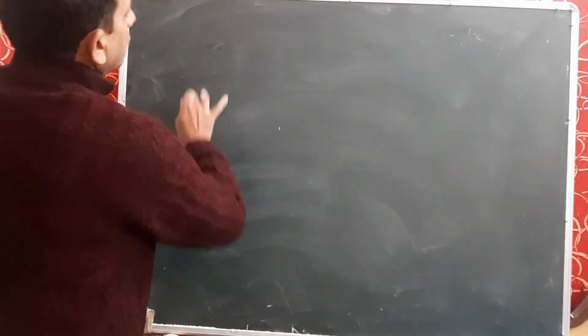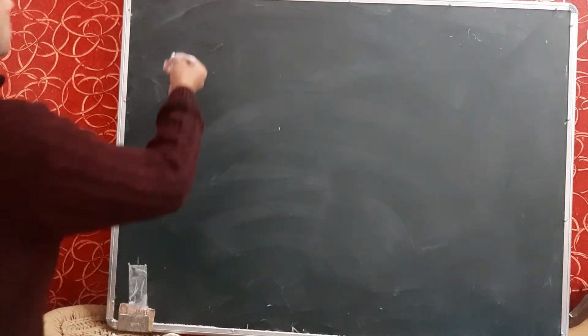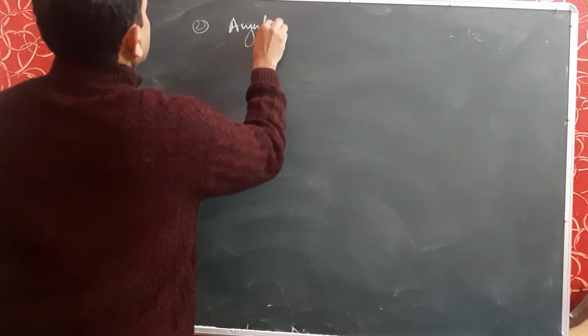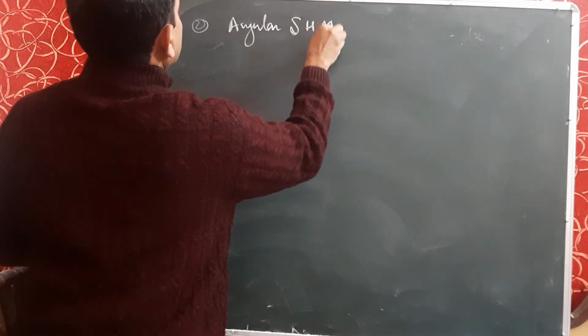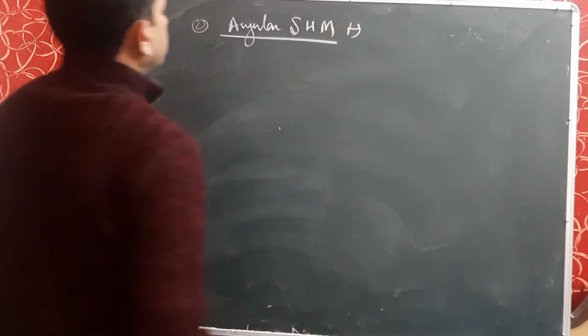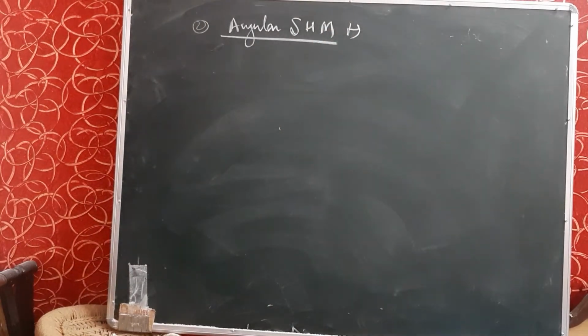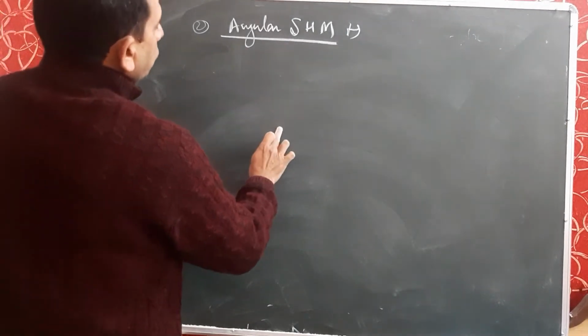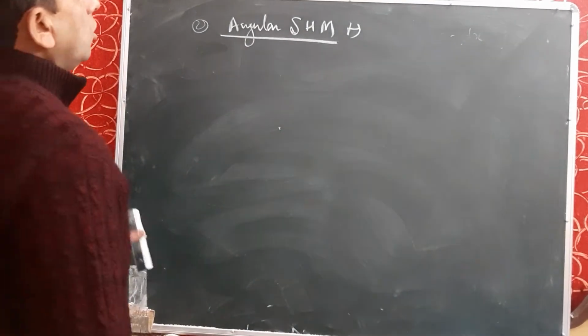Now second, we derive the harmonic motion for angular simple harmonic motion. The second is angular simple harmonic motion. It is also a mechanical oscillator, but it is moving in a circle, or angular motion. We know that in angular motion, the force is replaced by torque.